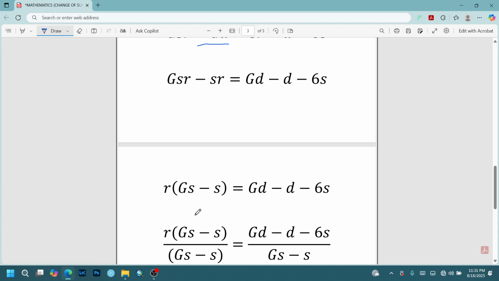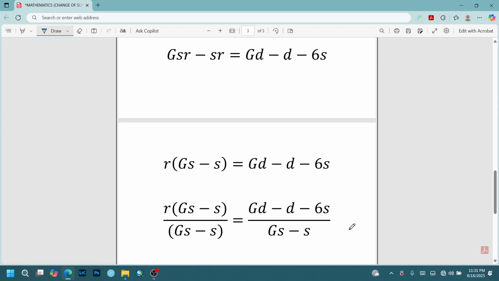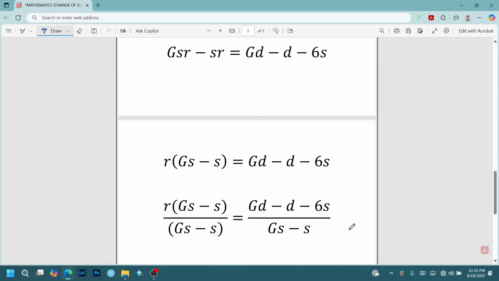So we divide through R multiplying, in bracket, JS minus S with JS minus S, and we also divide through GD minus D minus 6S with JS minus S, right? So we are going to have our equation here to be the fraction R multiplying, in bracket, JS minus S over JS minus S equals the fraction GD minus D minus 6S over JS minus S.